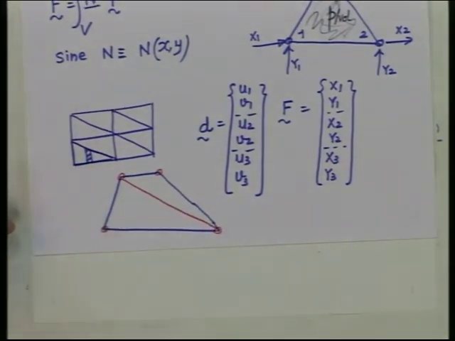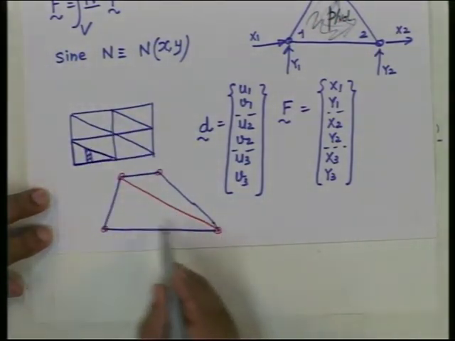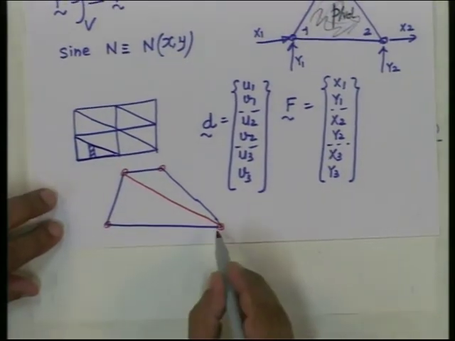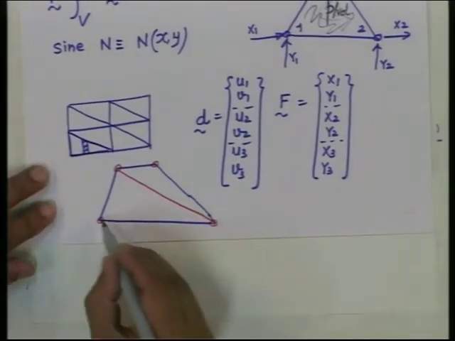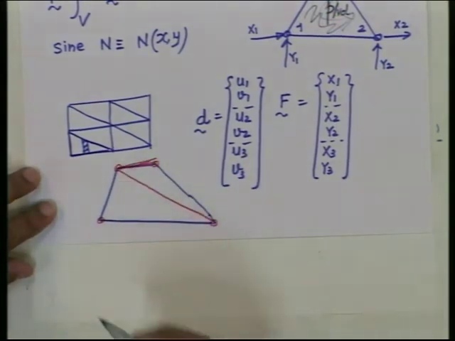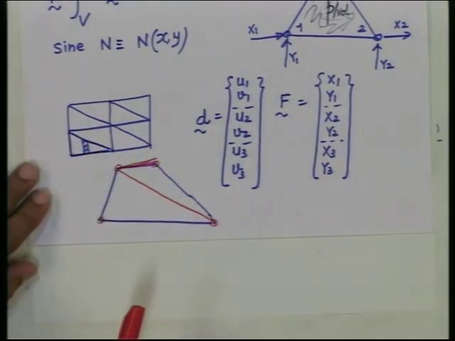So, I can convert this into two triangles, triangle 1, triangle 2. But then this line is not parallel to the x axis. This line is inclined. So don't always think in terms of lines parallel to the x and y axes.